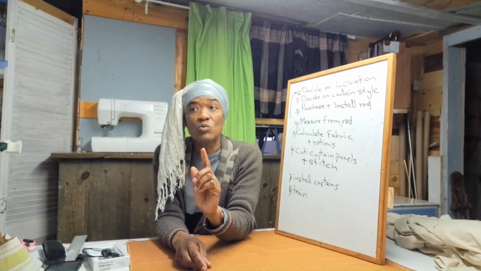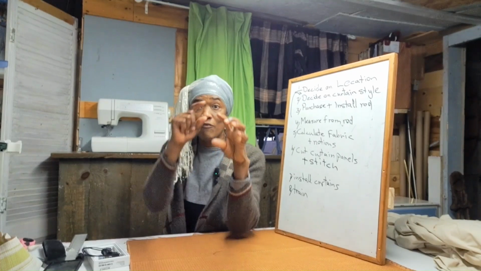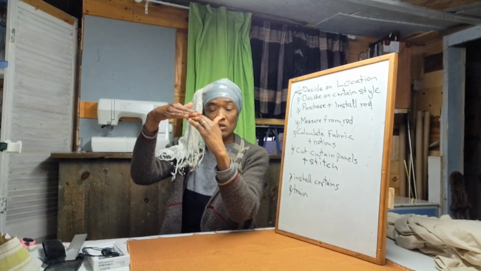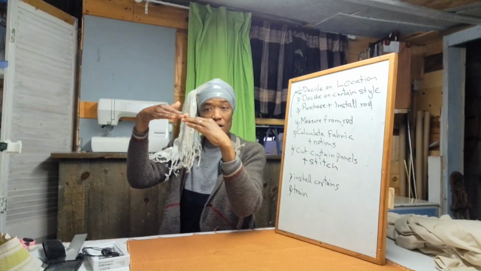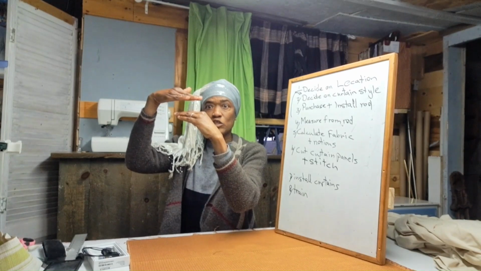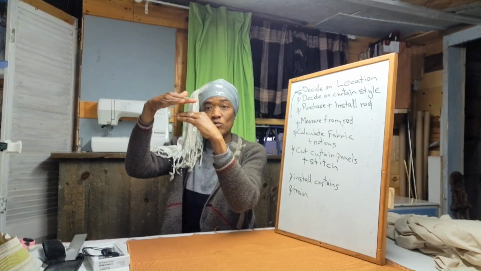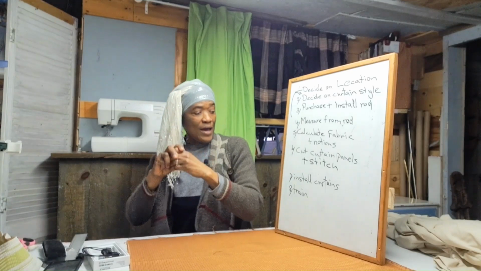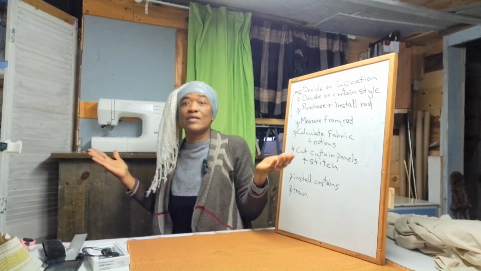One thing you want to do, if you're doing a ruffled top curtain, remember when you measure from the rod, you will have to make sure you add the additional inches for the ruffles that you need to be above the rod. Okay, and you've installed your curtains.